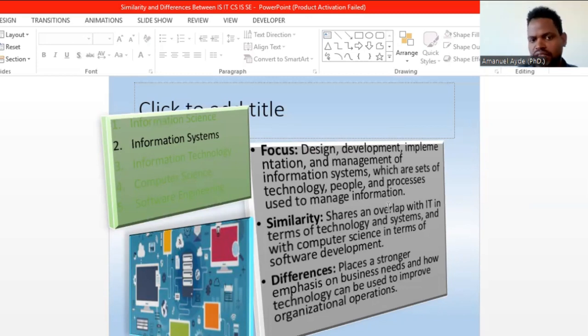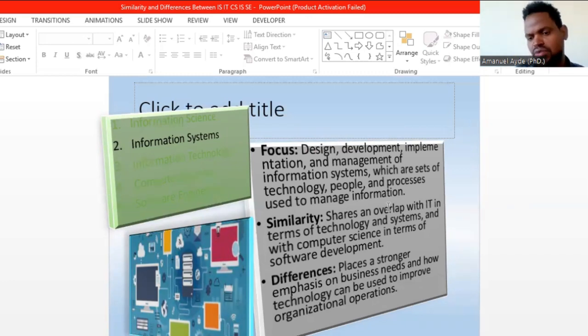The intention is to design something that makes the business more productive or efficient, like management information systems, business information systems, and business intelligence systems. These are the focus of information systems.